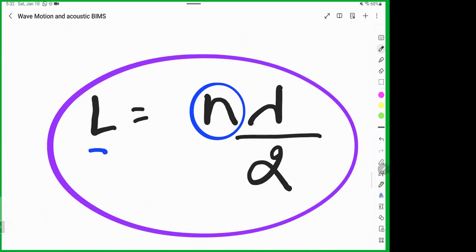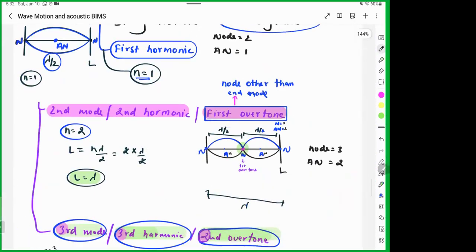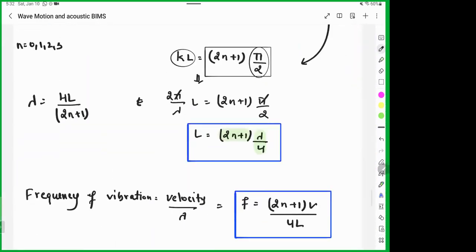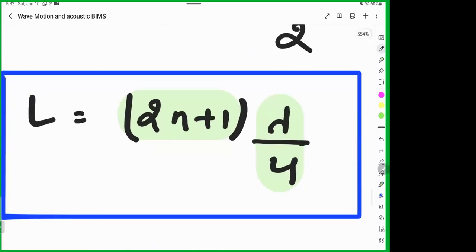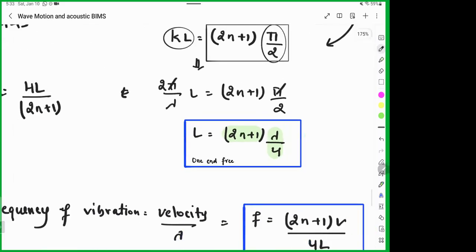In case of both ends fixed, the L value is n lambda by 2. And when one end is free, your L value is (2n plus 1) lambda by 4. One end is free. Correct.